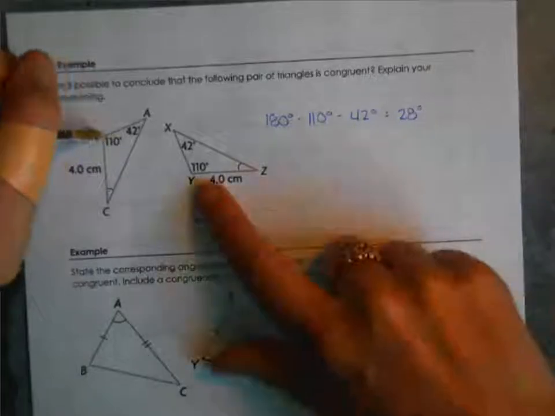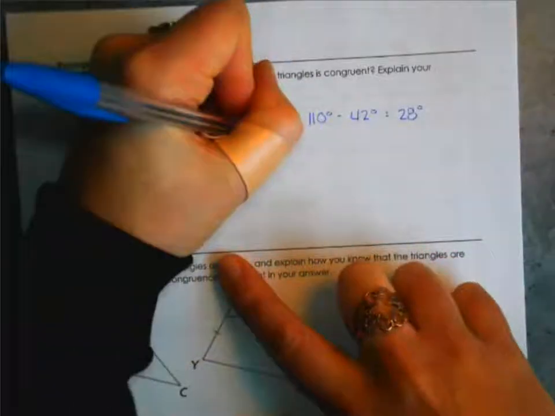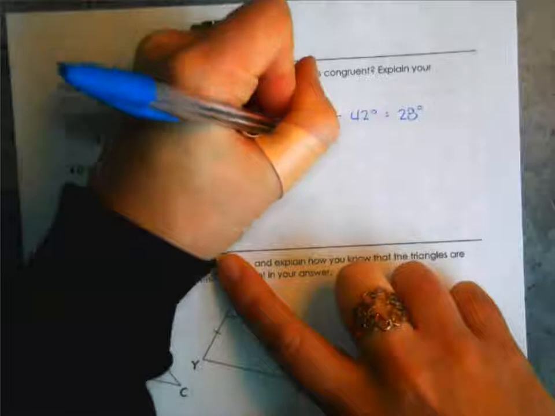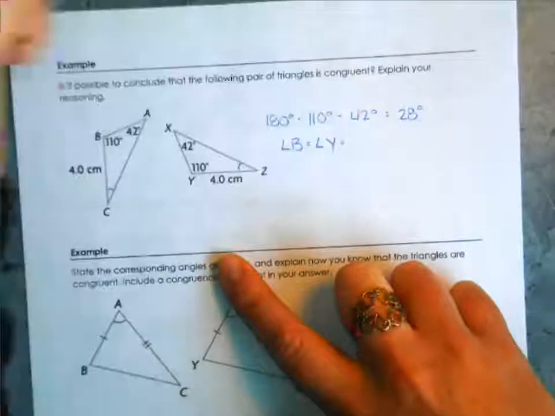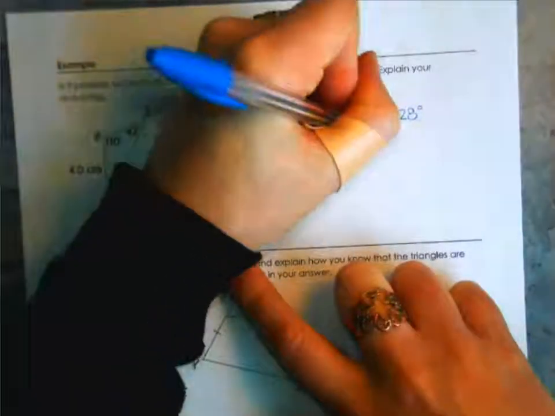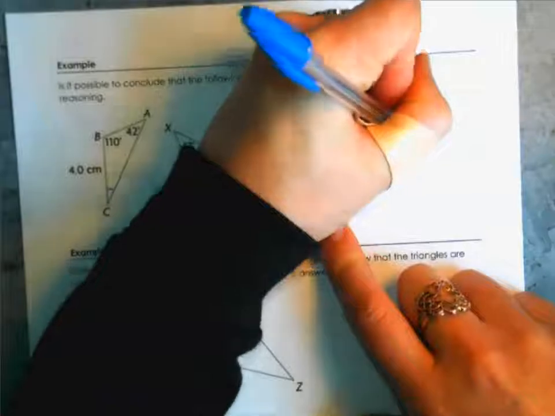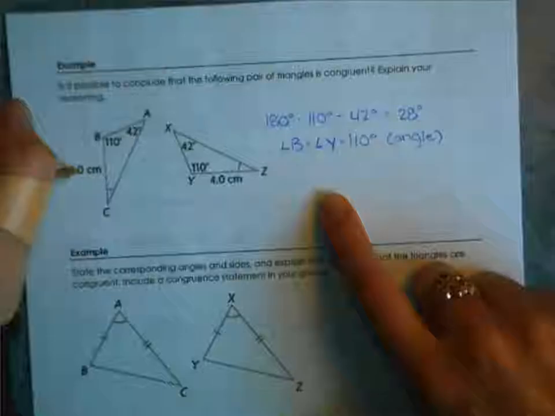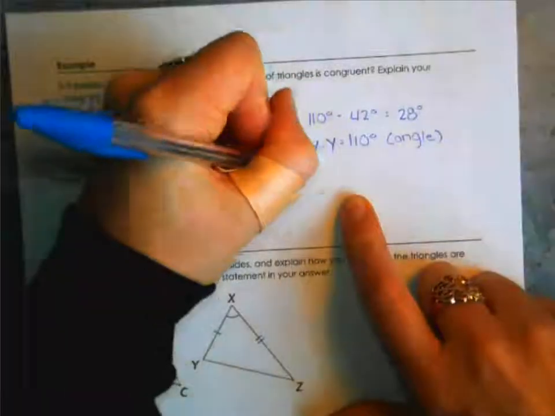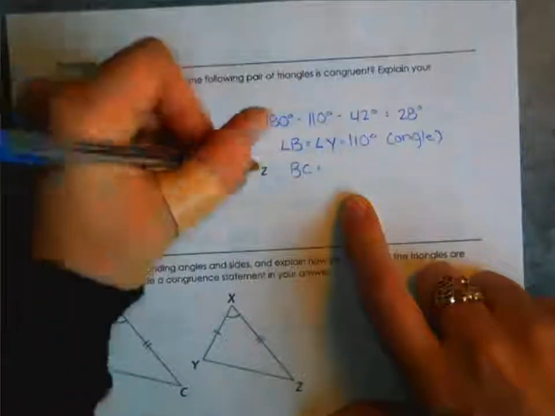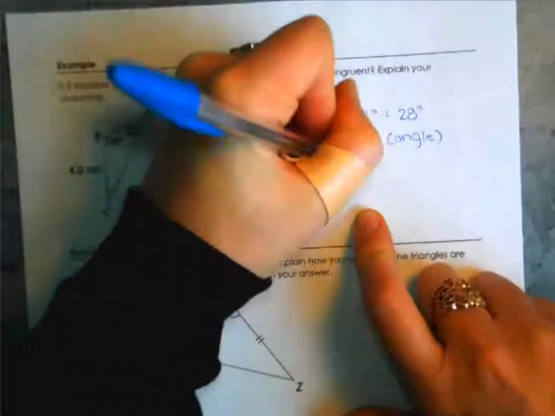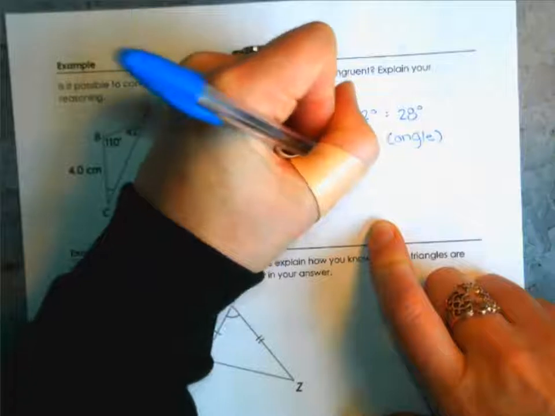So we'll start out with our angles. Angle B is equal to angle Y, which is 110 degrees. We need to do side next. So this was angle. Next one is going to be side. So BC is equal to YZ, which is going to be for side.